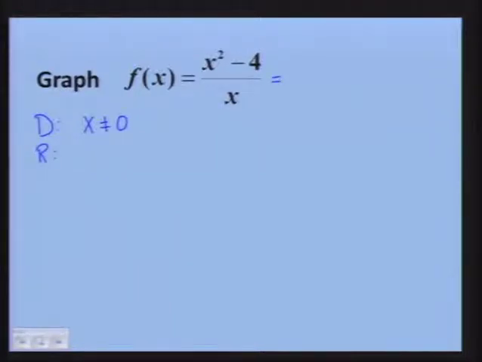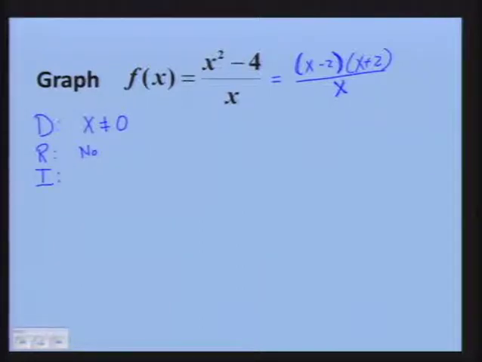Well, the numerator factors into x minus 2 times x plus 2, but we'll notice there's no common factor because this factor that contains an x is x minus 2, not x, and we reduce by common factors, not terms. So it doesn't reduce.